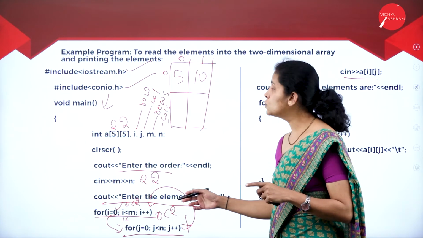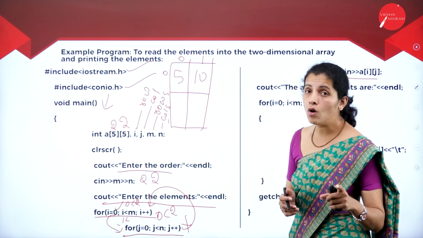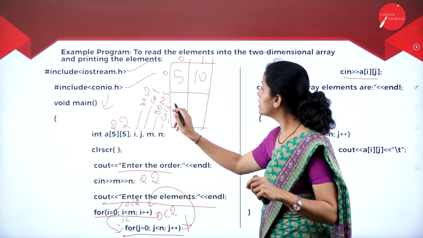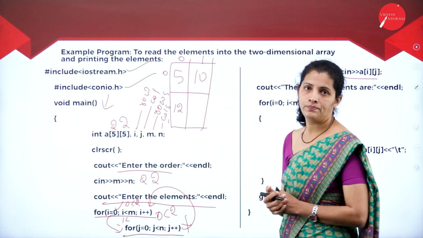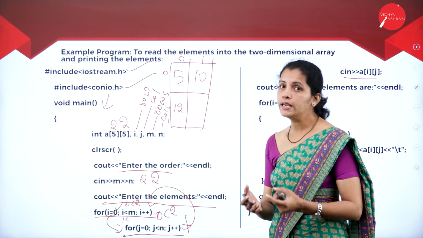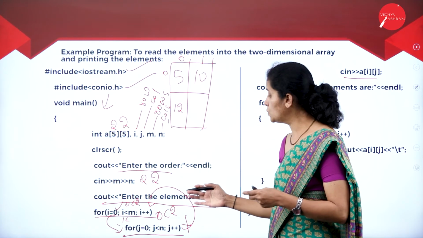0 less than 2. The condition is true. So I'm going to store the value in the place of first row and 0th column. For example, it is 12. Now j is incremented by 1. Now j is 1. 1 less than 2. The condition is true.